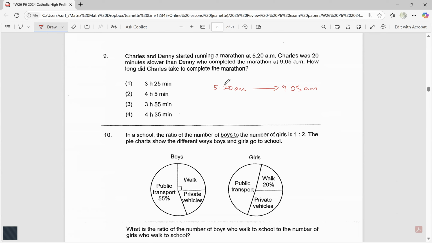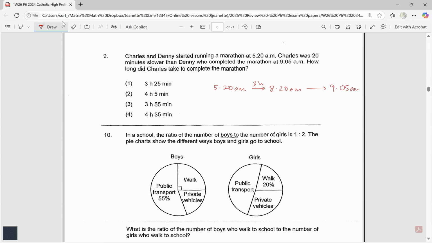Okay, 3 hours to 8:20. Let's split this up. 3 hours to 8:20 a.m. Then how many minutes to 9:05 a.m.? It's less than an hour.